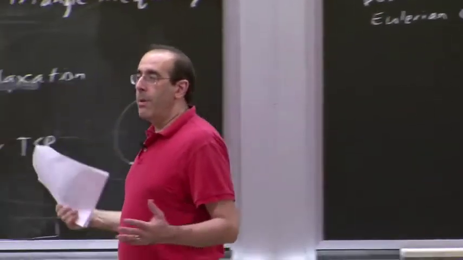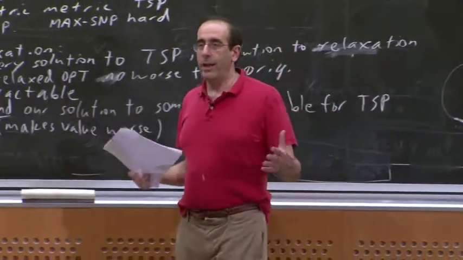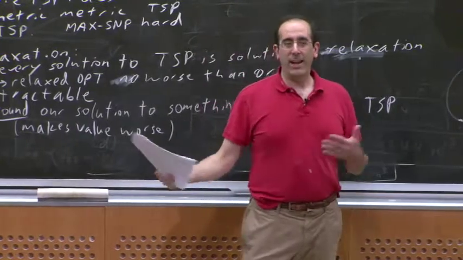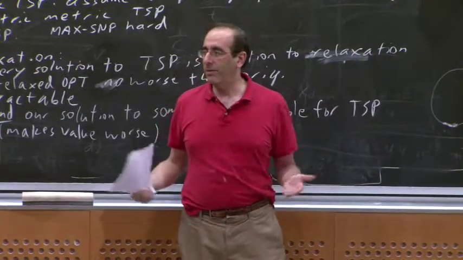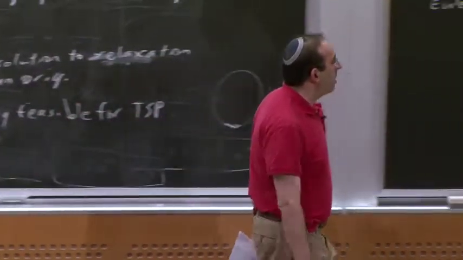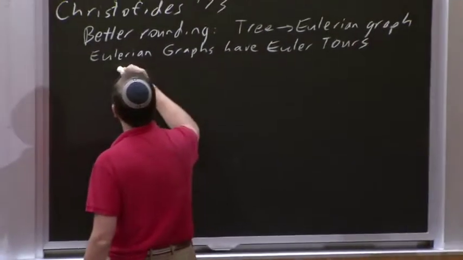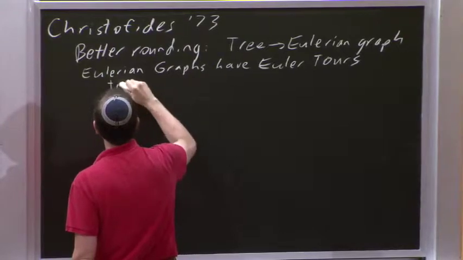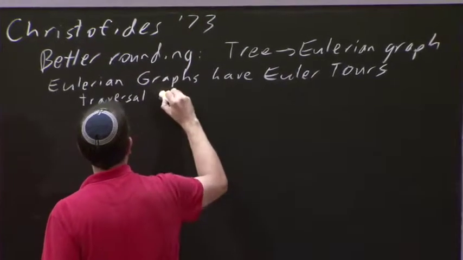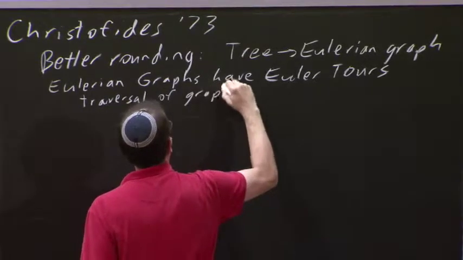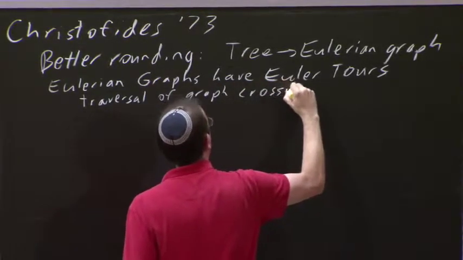So again, I'm assuming many of you have seen the whole bridges of Königsberg puzzle, right? Can I walk around this city traversing every bridge exactly once, that Euler worked on? So an Euler tour is a traversal of the graph that crosses every edge exactly once.